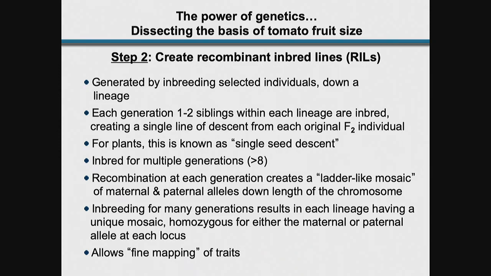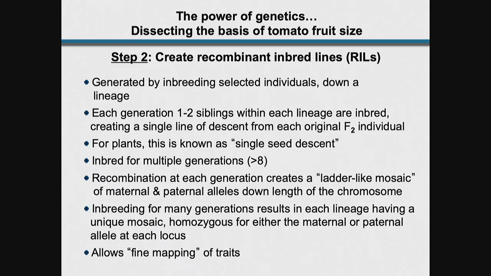In order to drill down to the level of the genes, we need to make recombinant inbred lines to help us do that, okay? It's called fine scale mapping, and this is how we're going to do that, all right? So we create recombinant inbred lines from individuals in the F2 generation.